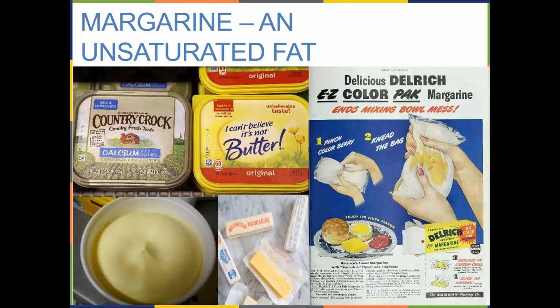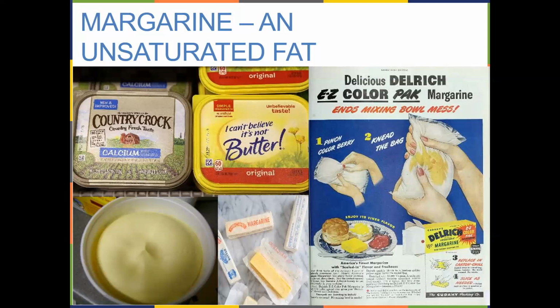Now, the question is, how much margarine do you eat on a daily basis? How much butter do you eat on a daily basis? Because it all comes down to moderation. Butter and lard and animal fat are not necessarily evil objects. Margarine, hydrogenated oils are not evil. It all comes down to how often you eat. So, how often do you have biscuits?